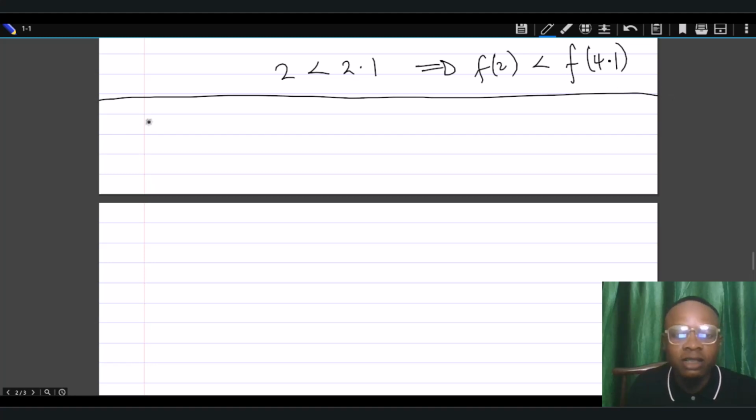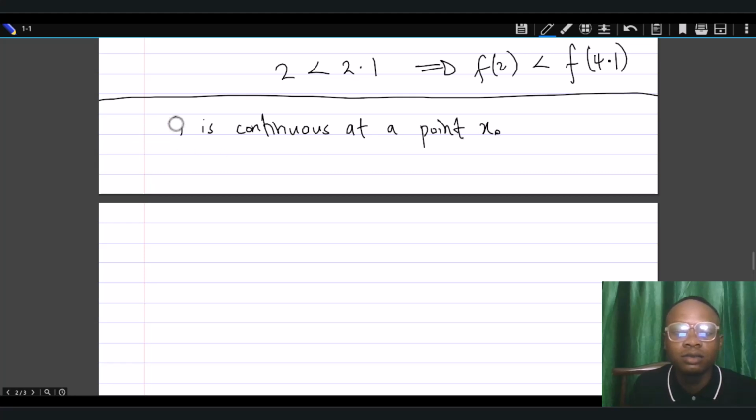If we are going to give a technical definition, we say that f is said to be continuous at a point in its domain, at a point x naught.